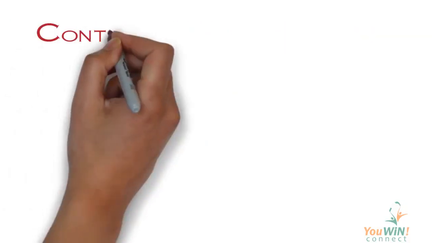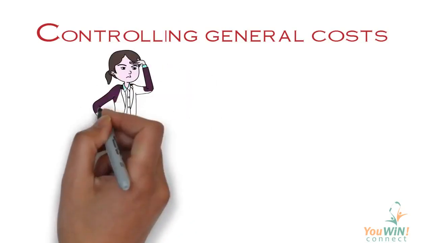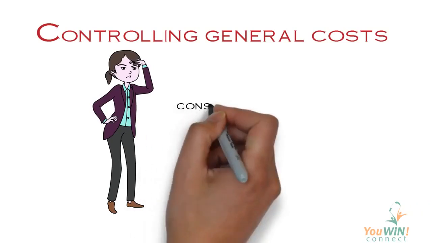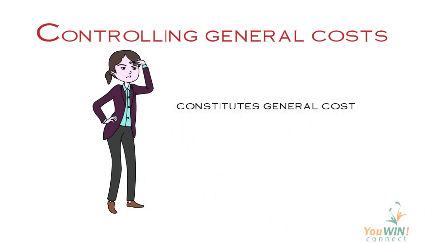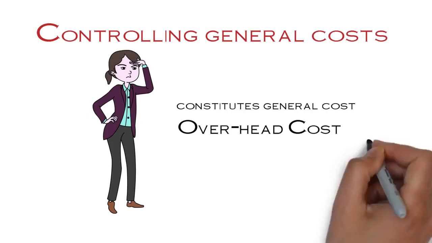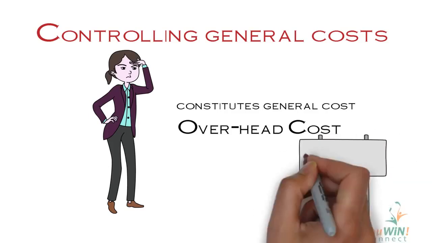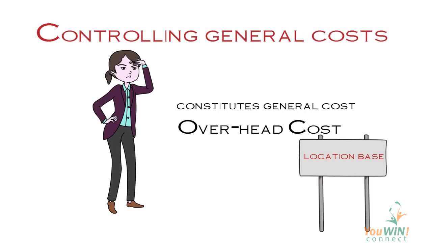Next, we look at controlling general cost. In order to control general cost, you need to identify what constitutes general cost. This can also be called overhead cost. When you have identified all these costs that are general to all departments, then you identify the allocation base through which you would allot cost to each department.